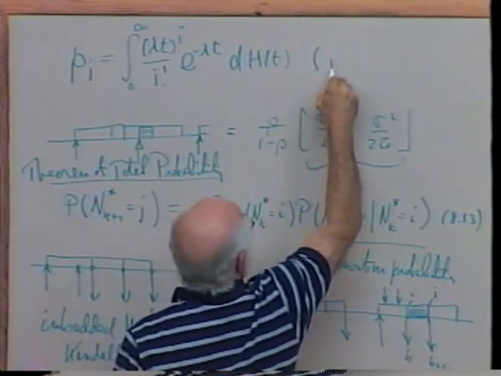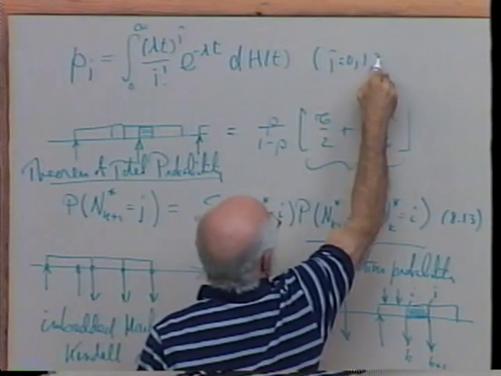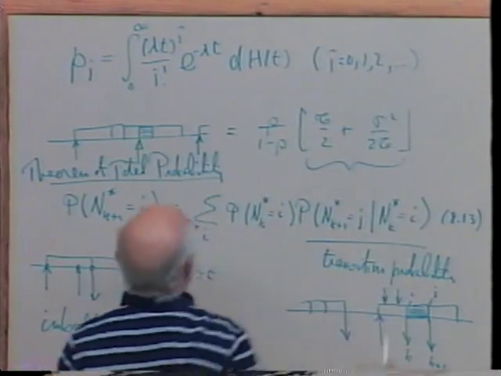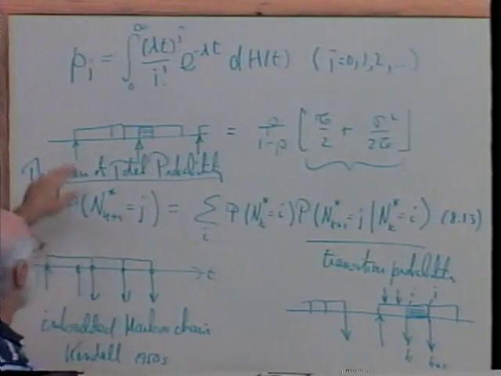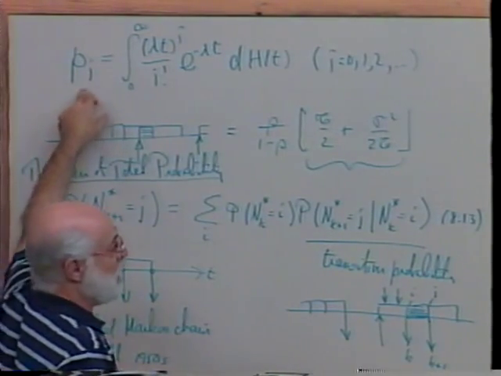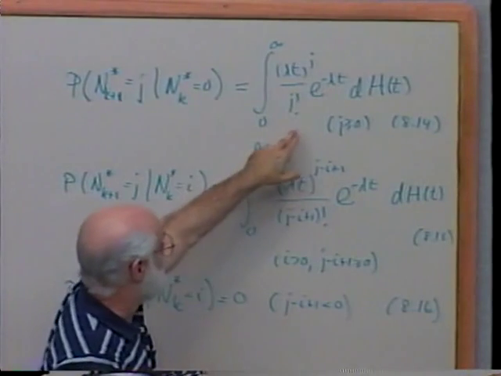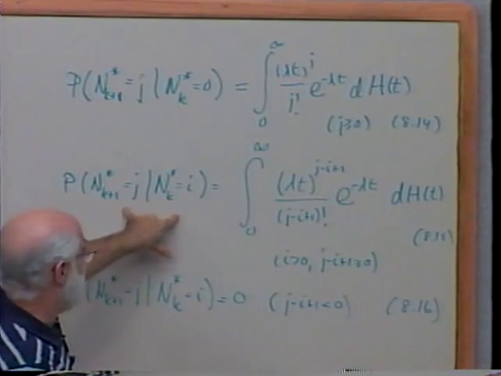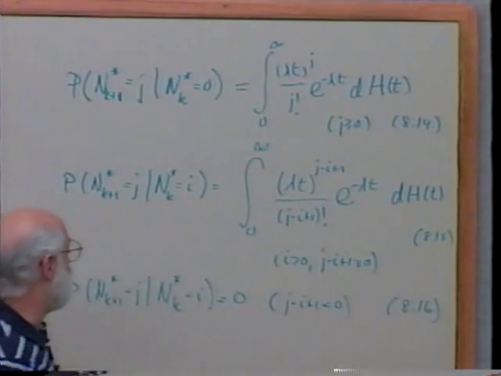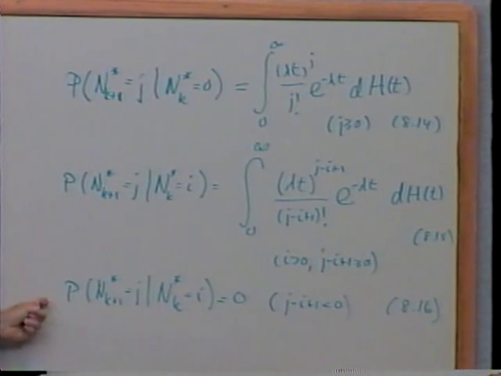And this is going to be defined for all j: 0, 1, 2, and so forth. So now, with this definition, I can see that this probability is little p_j, and this probability is little p_{j minus i plus 1}. And this probability, of course, is 0.